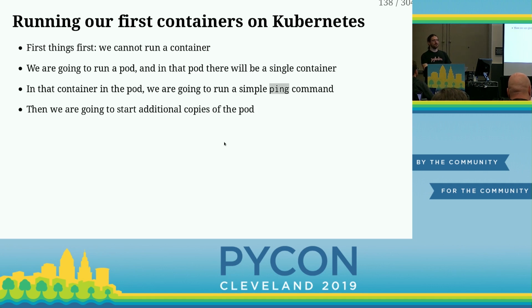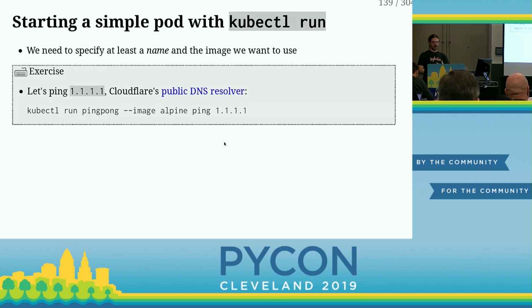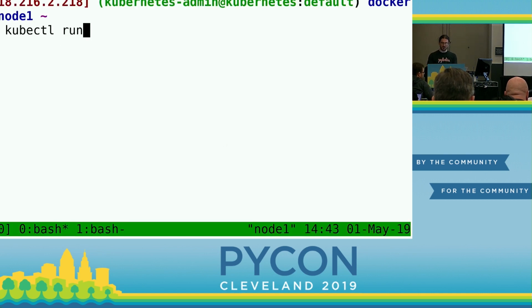Okay, for the first example, we're going to do something fairly simple. I just want to run ping. So I want to have a ping in a container, pinging an external address. And the syntax for that is going to be kubectl run. Then I have to give a name. So the name I'm going to give is ping pong, but it could be foo or ABC, it doesn't matter.